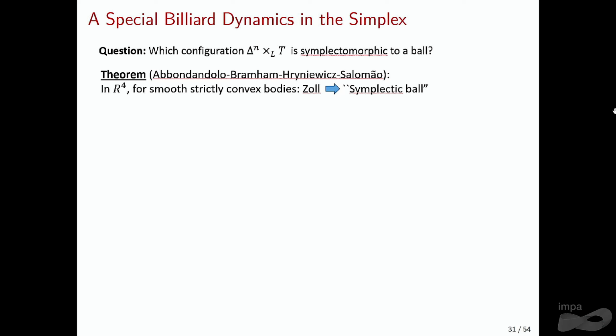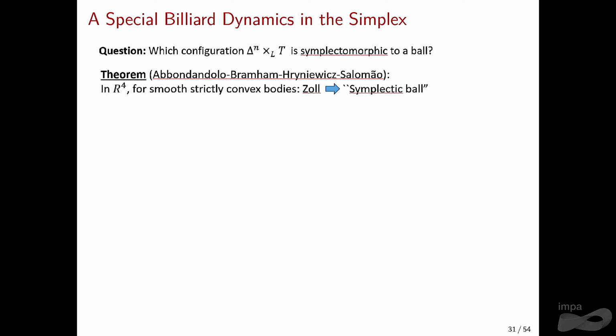But at least under these assumptions, if you have a configuration which is smooth and strictly convex, and it is Zoll, meaning that for every point there is a closed characteristic, and all these characteristics have the same action, that's the definition of Zoll, then this domain should be a symplectic ball.